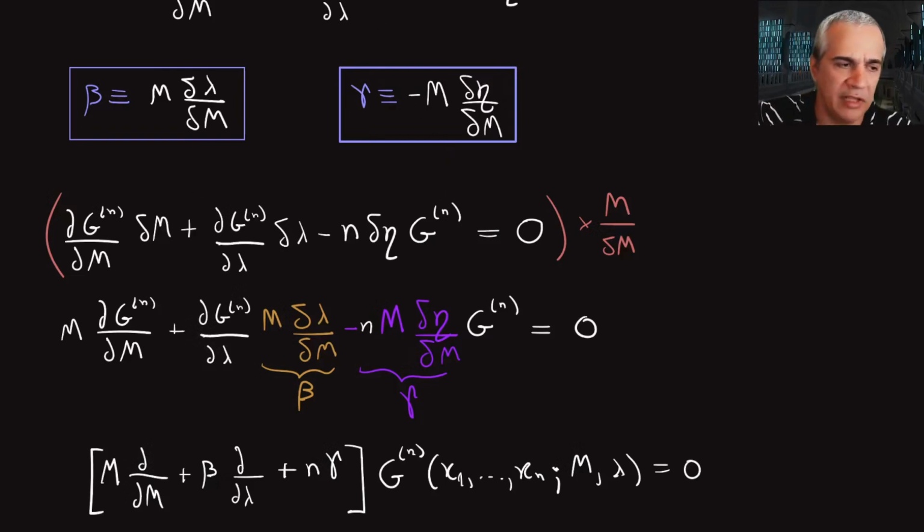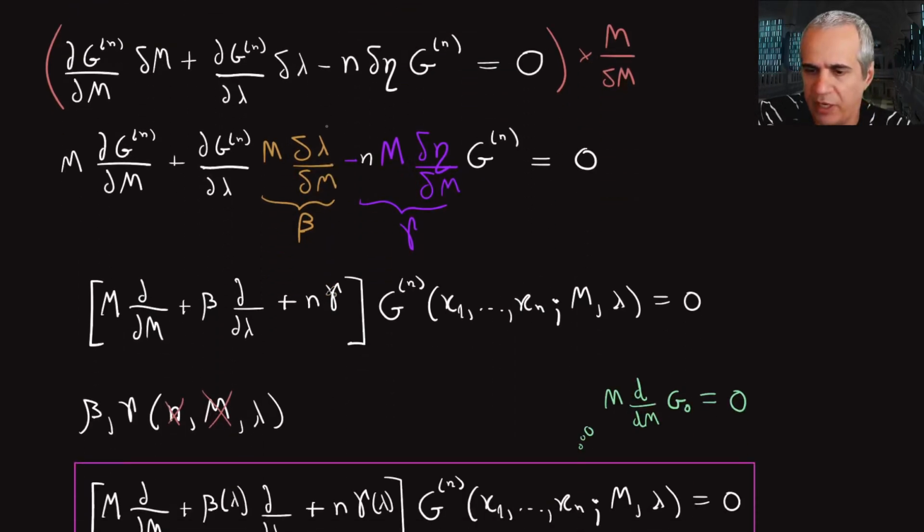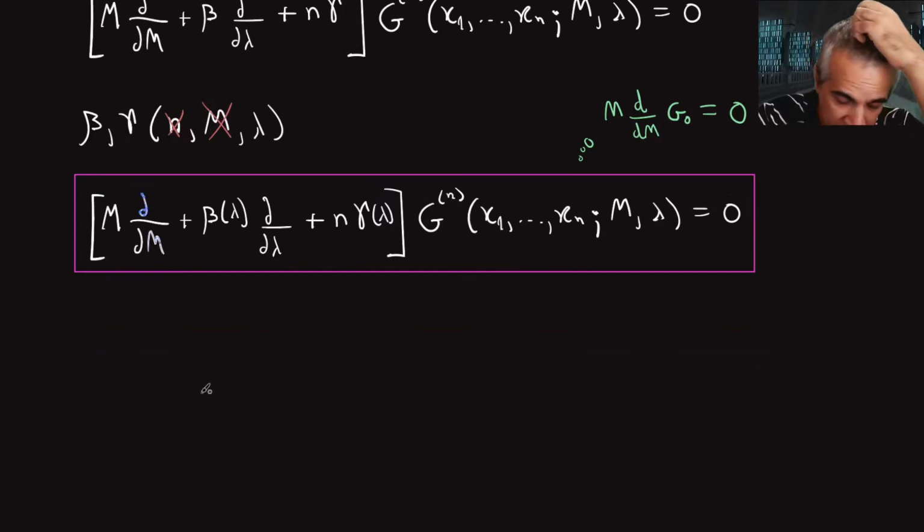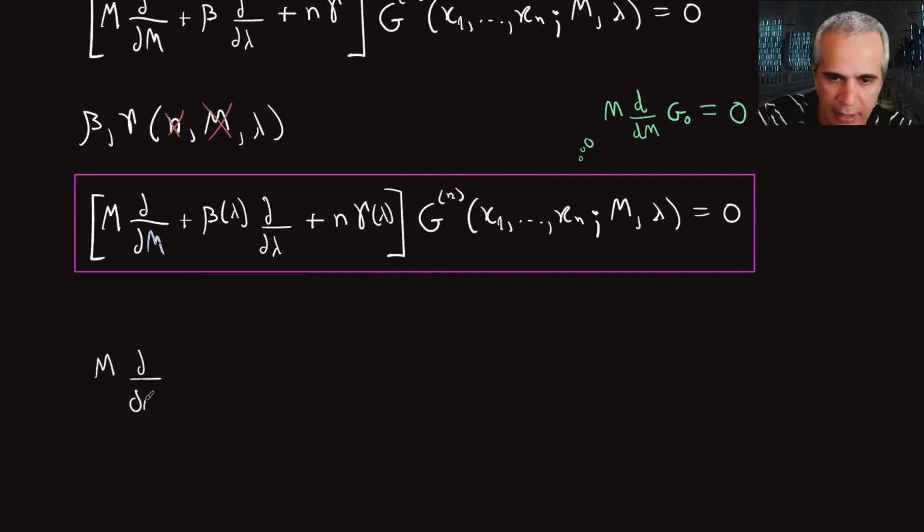Now you could have done this for more complicated theories. This is in fact very easy to generalize. For instance, in the case of massless QED, we will attack masses later because masses can be a little more complicated. But in the case of massless QED, the Callan-Symanzik equation would look something like this.